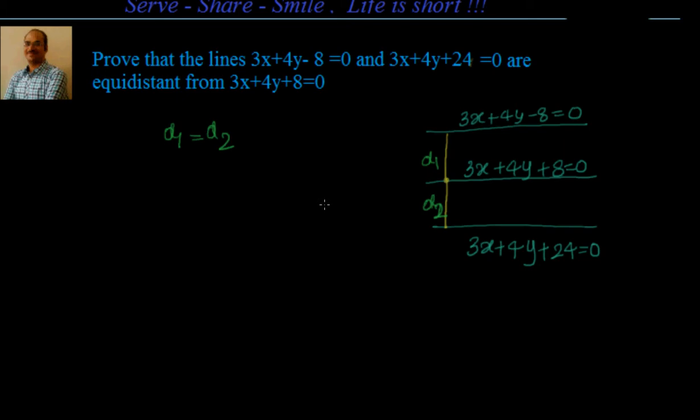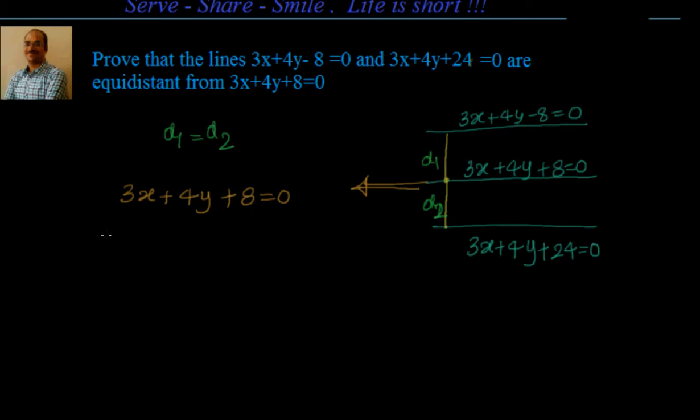So for that, first we have to identify a point on 3x plus 4y plus 8 equal to 0. I see 4 and 8 are multiples, so if I take x equal to 0, I will get an integer value in y.